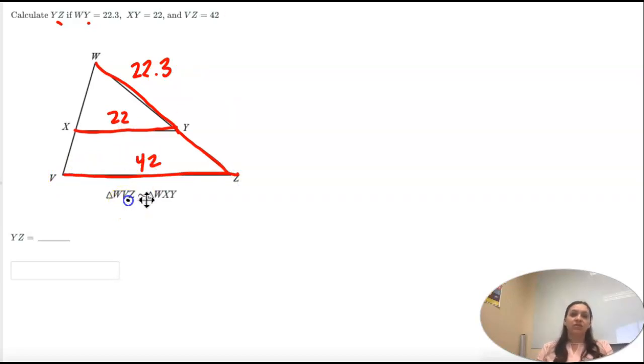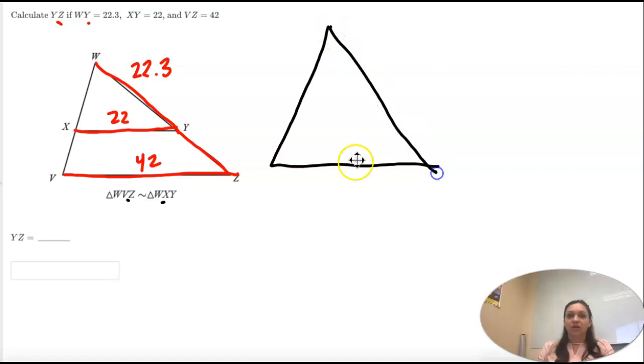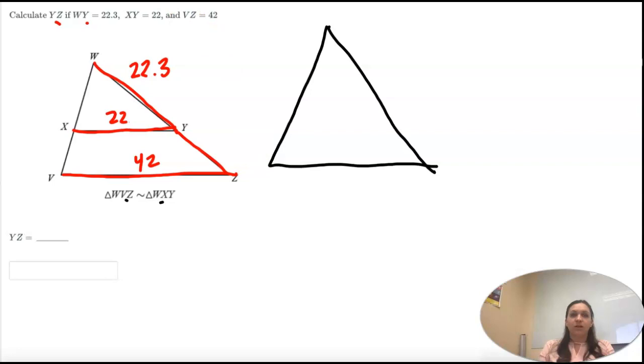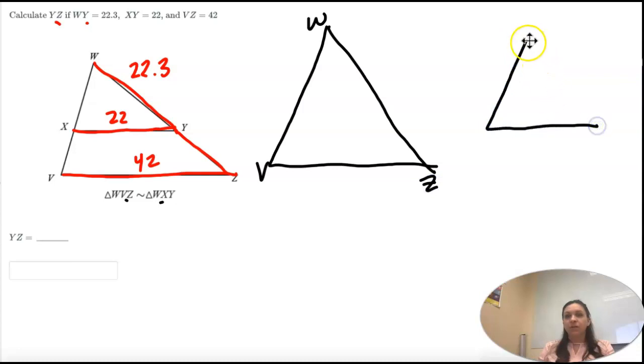And then again, this is really critical. They tell us W, V to Z. That's the big triangle. Oops, that's not W. W's at the top. Is similar to the little triangle WXY.